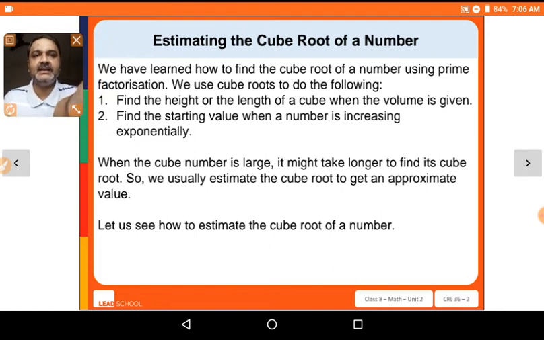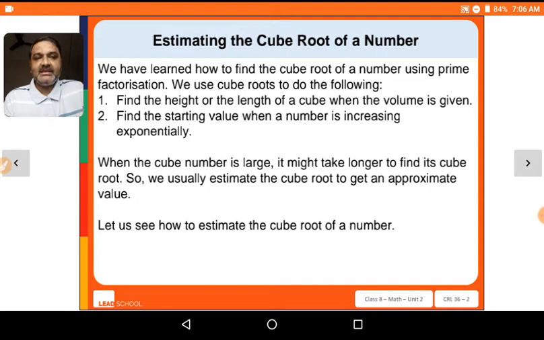Consider that we have learned how to find the cube root of a number using prime factorization. In the last lecture we saw a video and the prime factorization method. Now we use cube roots to do the following.